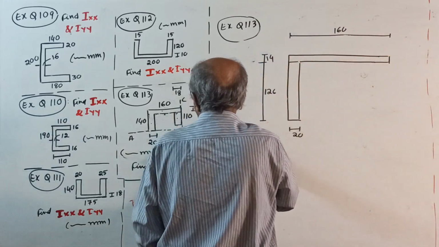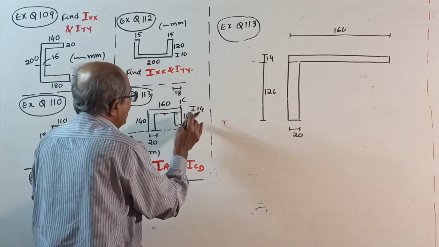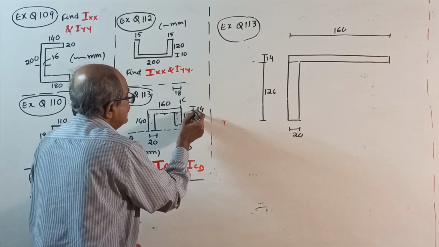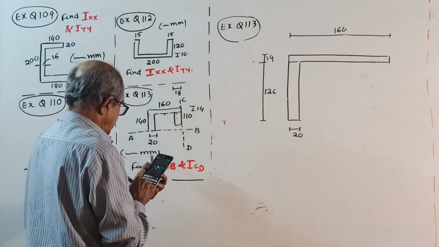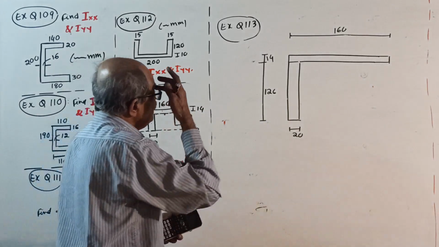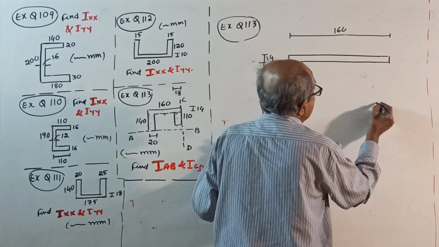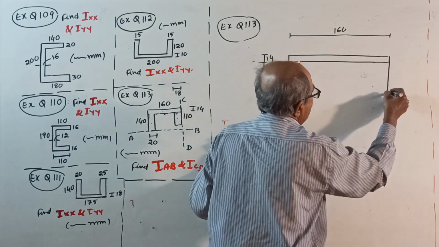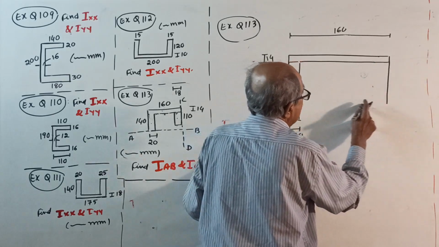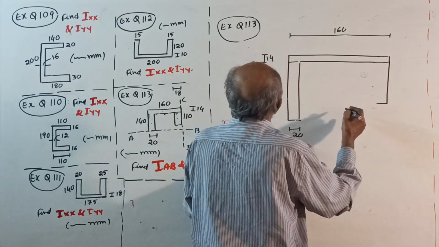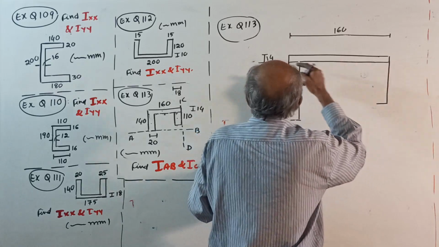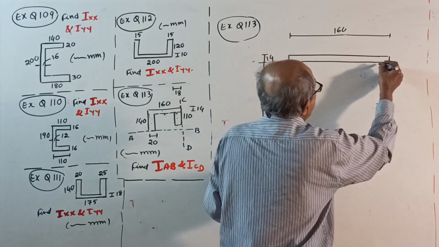Then below here, one more rectangle. This total is 110, subtract 14. 110 minus 14 is 96. So somewhere here, this way, it won't come up to here. Earlier it will stop. Thickness is 18, little thicker. This is 14, this is 20, this is 18.